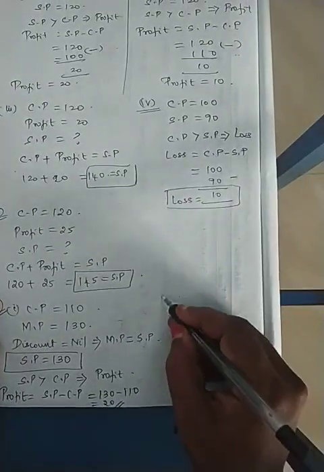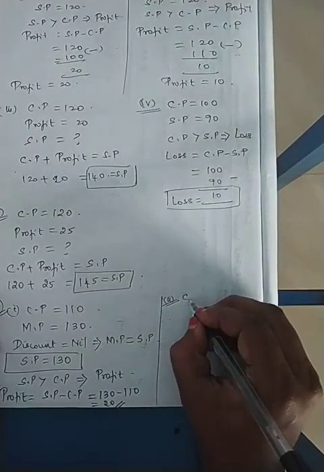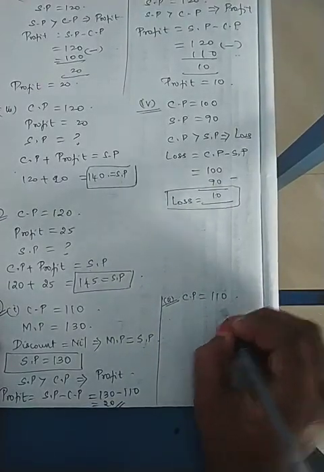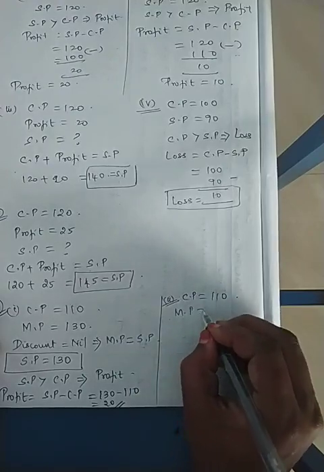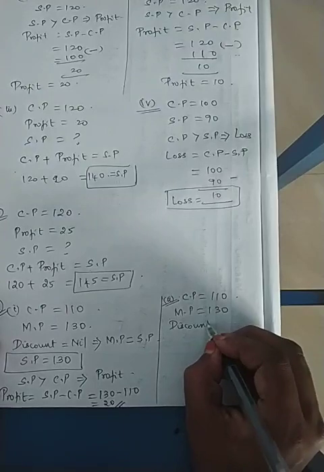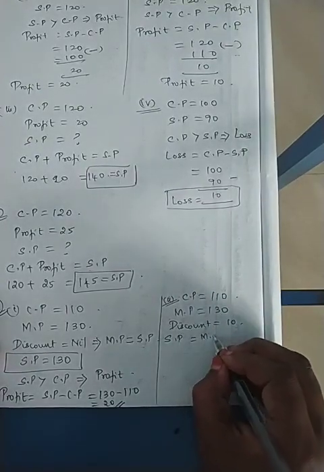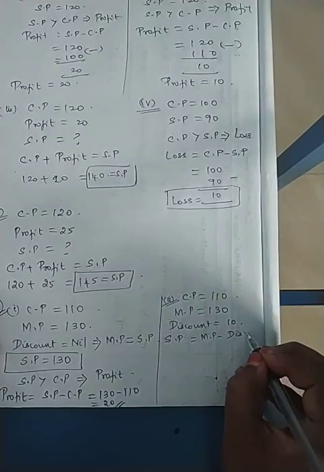Similarly, coming to the second one. What have they given? CP again is 110. Marked price is equal to 130. Discount is given, discount is equal to 10. So my SP will become MP minus discount.